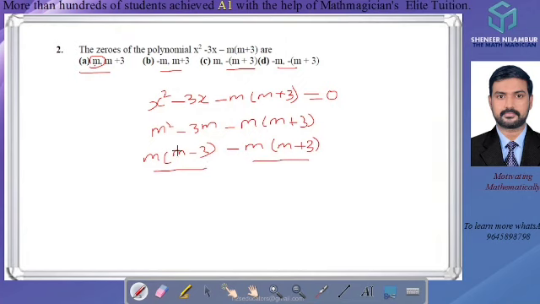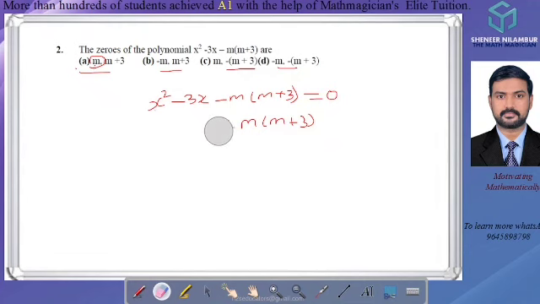Here m minus 3, here m plus 3. So when the value of x is m, this will not give 0, so the solution of x will not be m. So option A, m is the solution, will not come. The third option also will not come because there also they are giving m as the option.